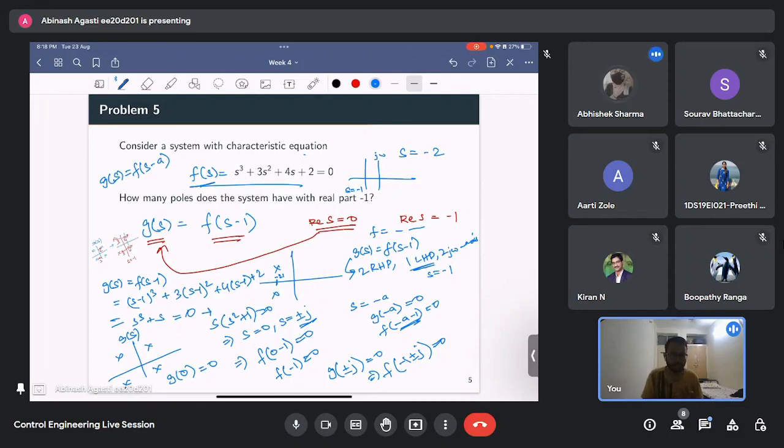So basically you can check this part. At least you are confirmed with this case, right? That for g equal to 0, whatever root I have, that means f of minus 1 plus that root is equal to 0.